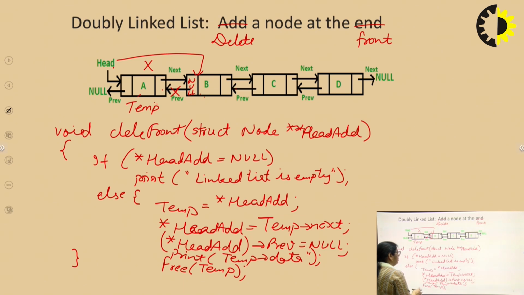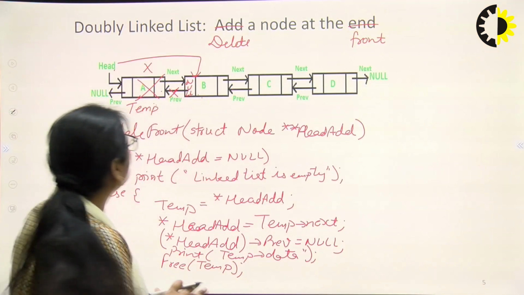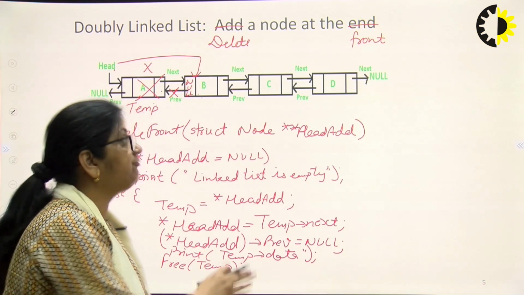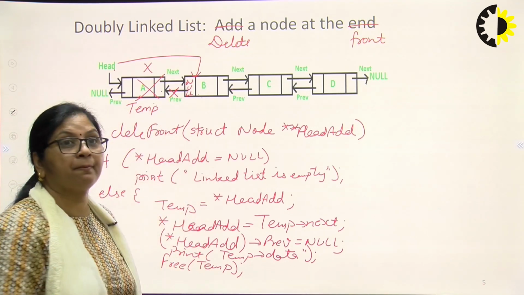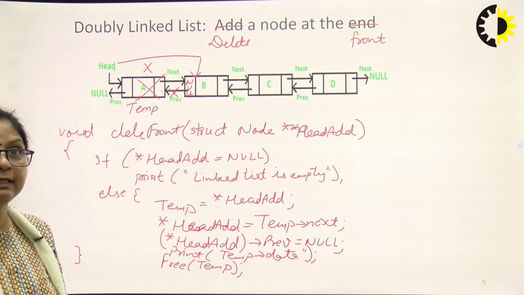When I say free temp, it means this memory has been freed. So the first node has been deleted, and head is now pointing to this node. In this slide, we have deleted a node from the start.